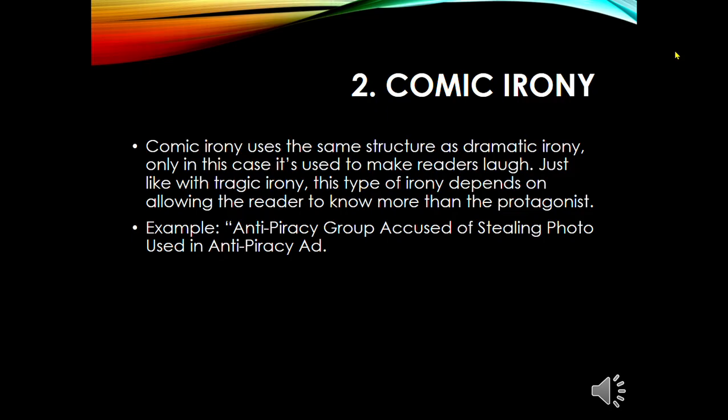For example, an anti-piracy group accused of stealing a photo used in an anti-piracy ad. So the ones who are responsible for controlling the situation are themselves indulging in that particular act of stealing.